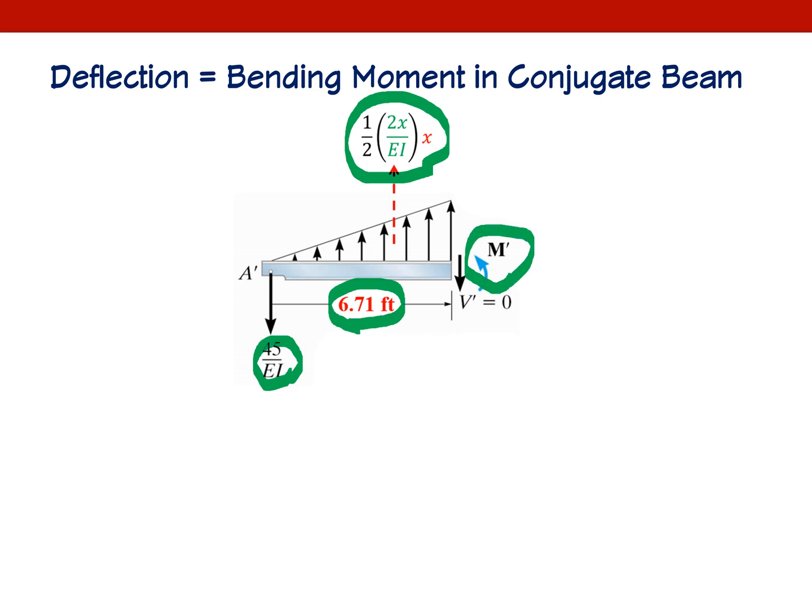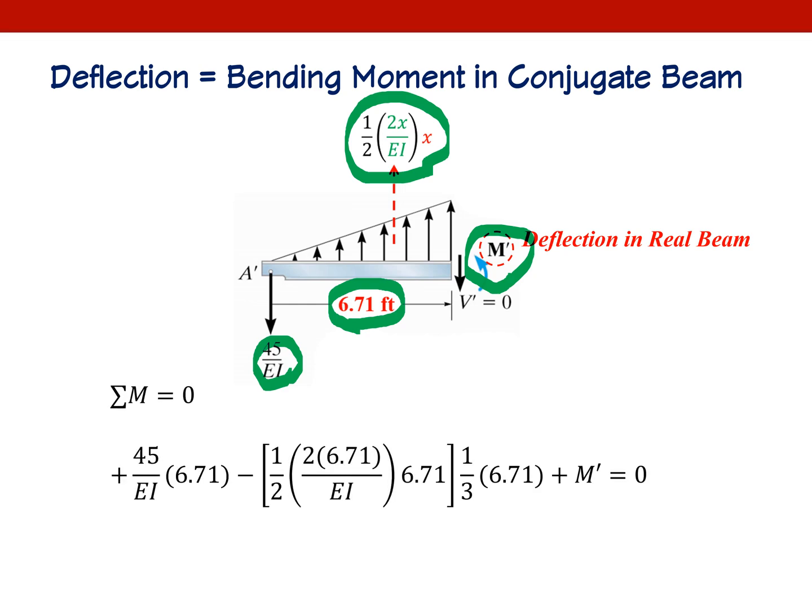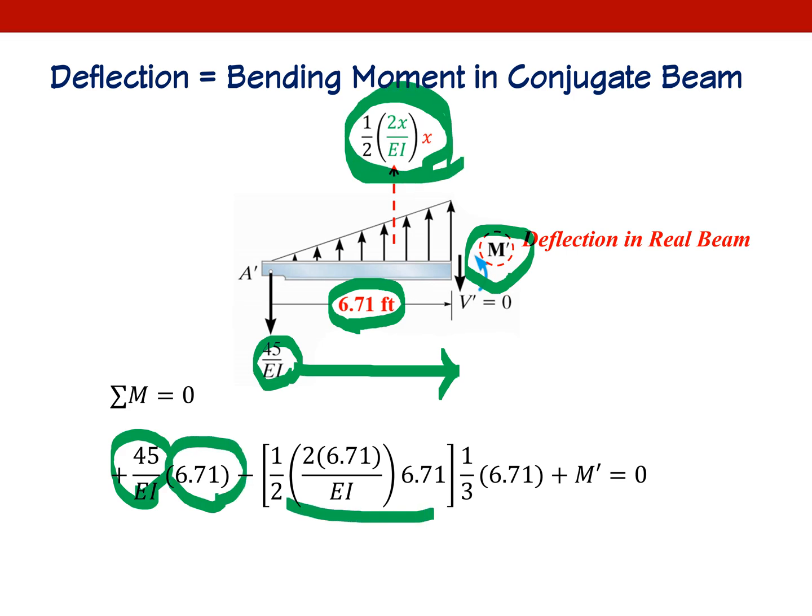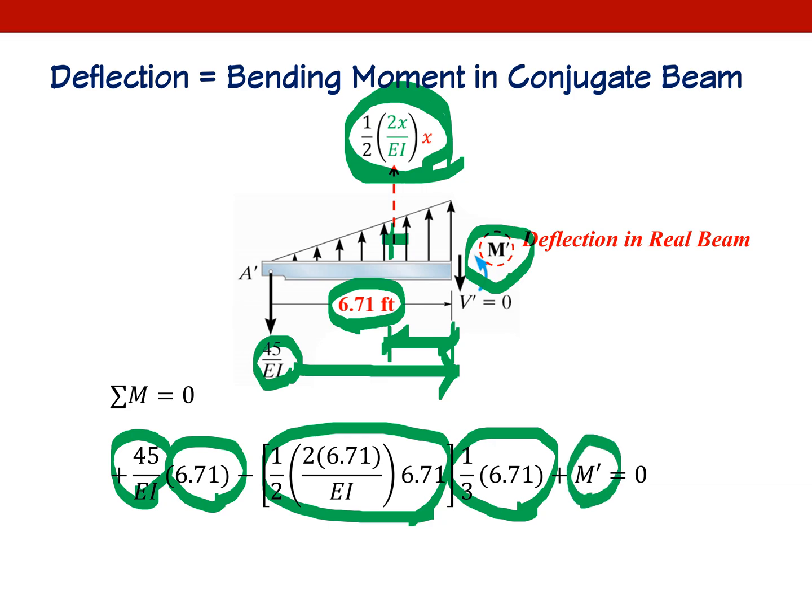So my bending moment is nothing but 45 over EI times 6.71, minus the resultant of the triangular load times 1/3 of 6.71, because here my centroid will be 1/3 from the higher side of the triangle, and my bending moment must be 0.